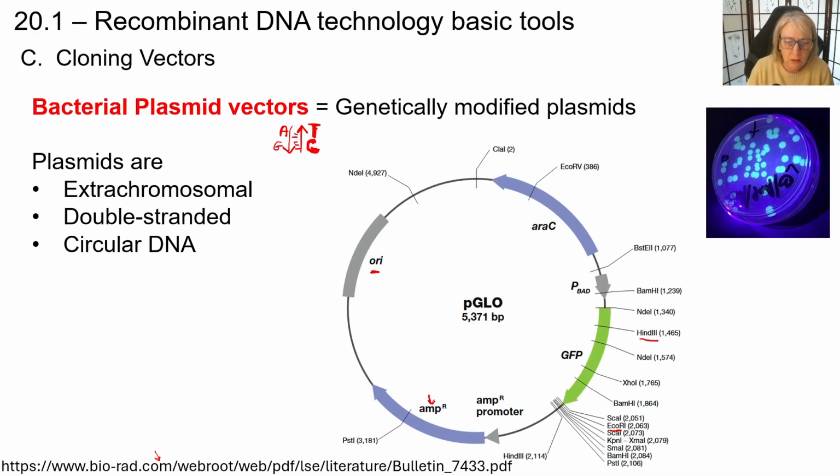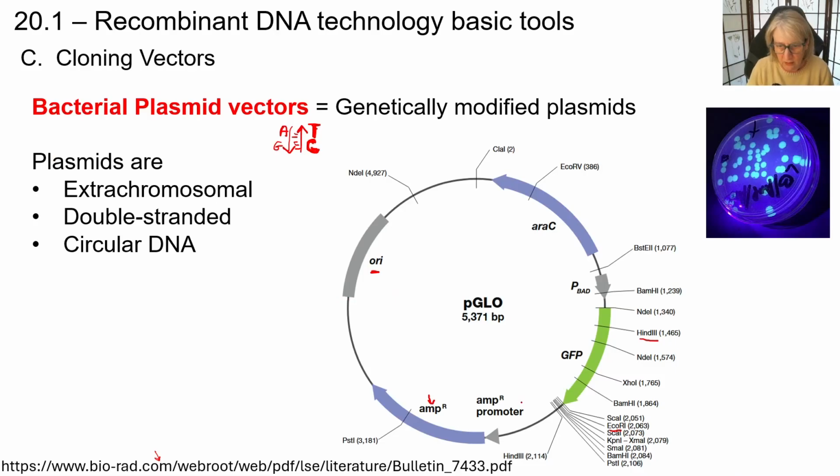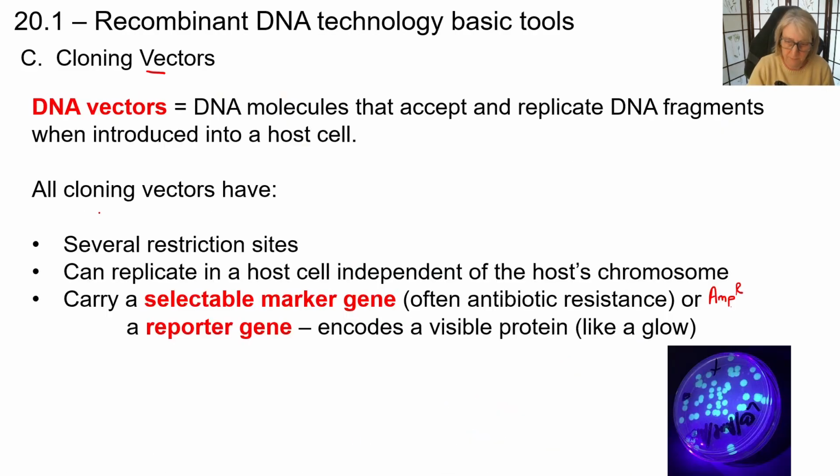This AMP-R is the ampicillin resistance. This is the gene that allows us, this selectable marker gene, to be resistant to ampicillin. And the reporter gene, I'll go back and forth here, the reporter gene here is this GLOW gene, GFP.